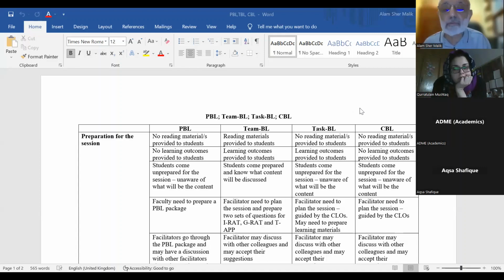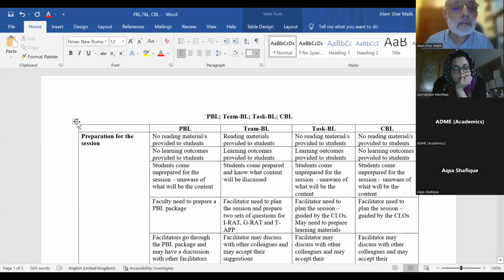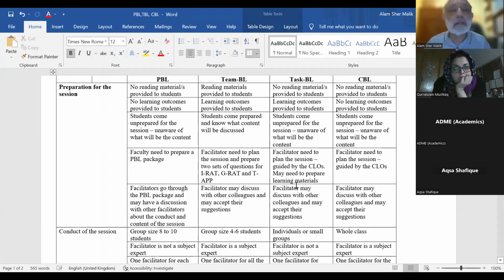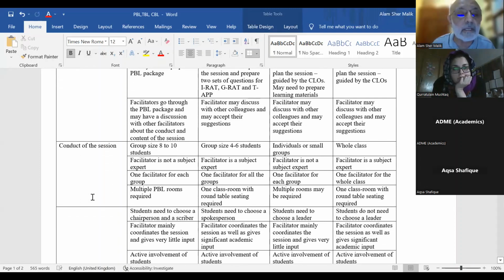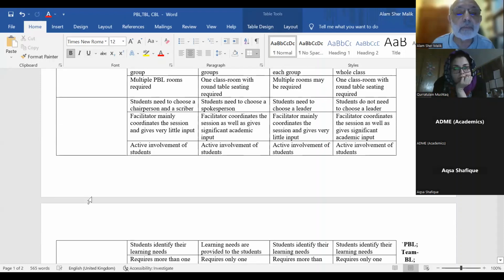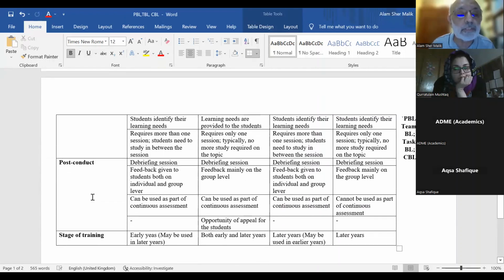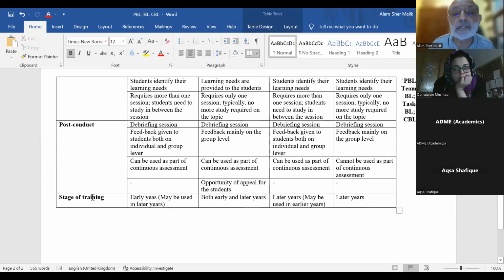I think I need to shorten this a bit. All right, now the PBL, the team-based learning, the task-based learning, and the case-based learning, and then the preparation of session, conduct of the session, and also post-conduct and stages of training.